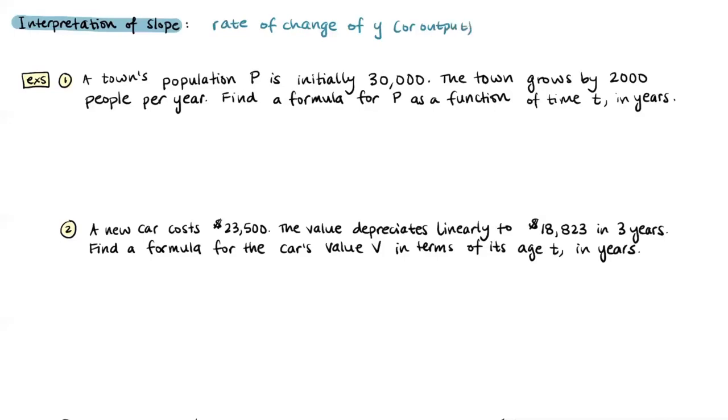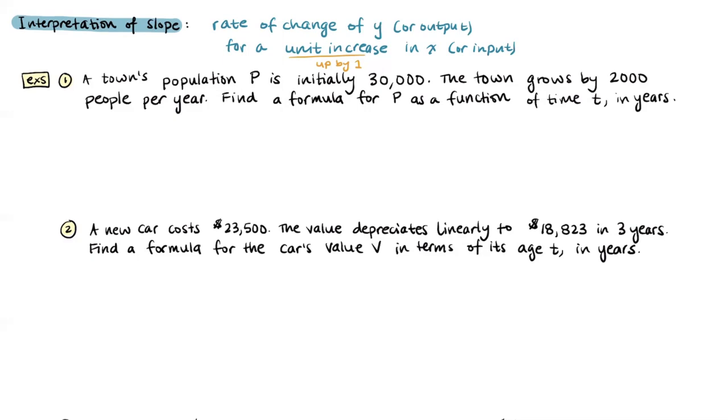It's the rate of change of y, or the output, for a unit increase in x, or the input. Unit increase just means up by 1. So that's just the standard run unit. The slope tells you the rate of change of y, how much y changes, if you increase x, the input, by 1 unit, no matter what it is.